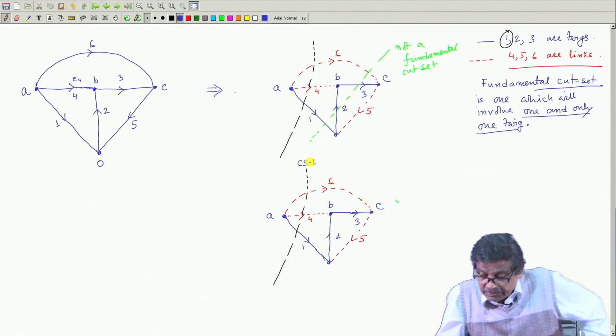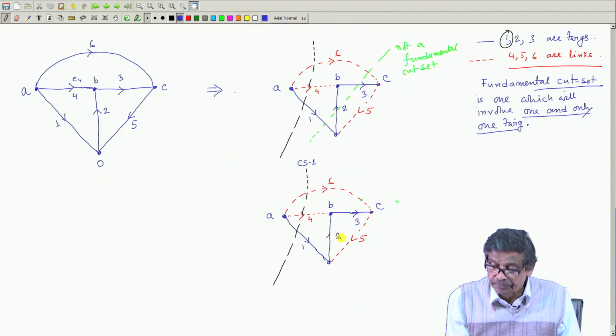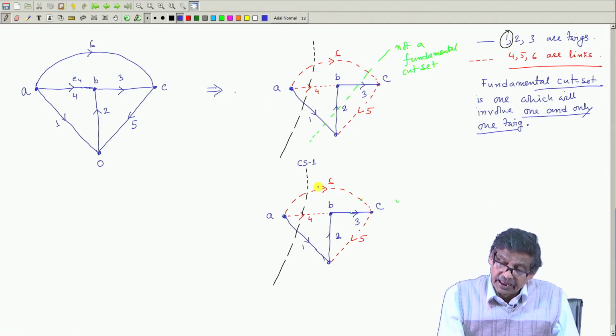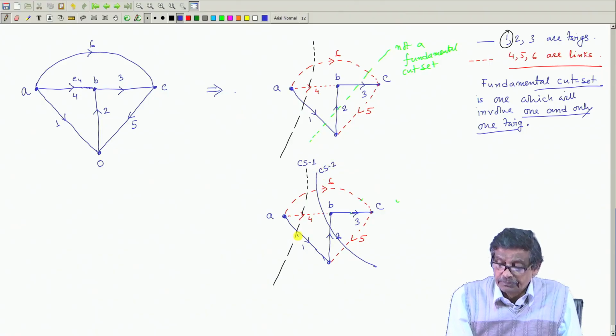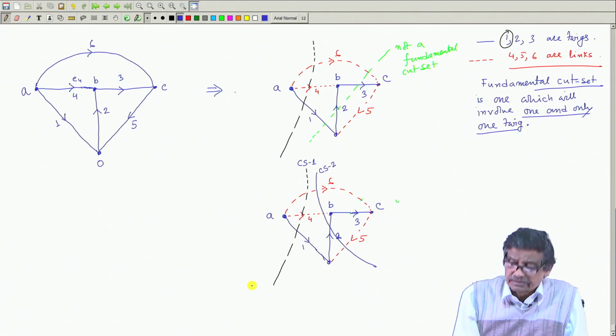How to draw the other cut sets? This was twig 2. Can I draw a cut set involving only twig 2? Yes. This is the cut set and I will call it CS2. Whichever twig is involved, by that I will name the cut set. So, cut set 1 means it will involve twig number 1 only, others will be links.